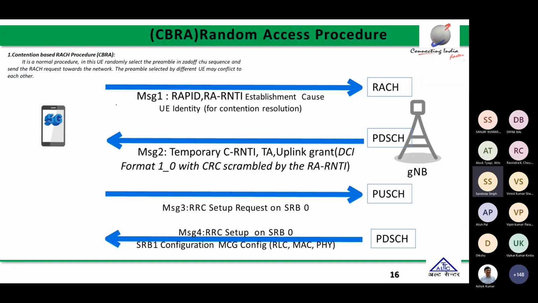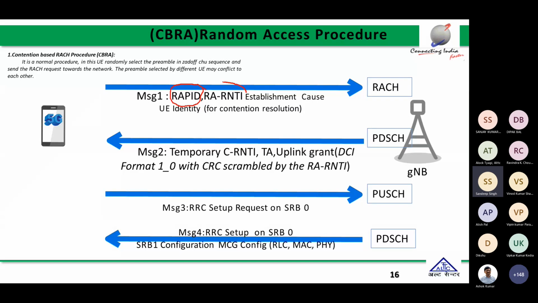In this random access procedure, you can see the message transmitted by the UE in the random access procedure. What does the message contain? When it sends the RACH message, it contains the RAPID, that is the ID of the random access preamble sent by the UE.